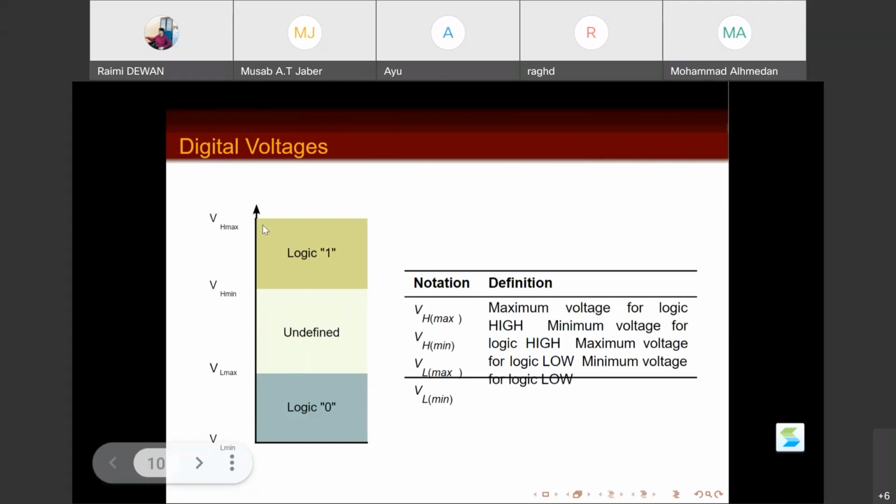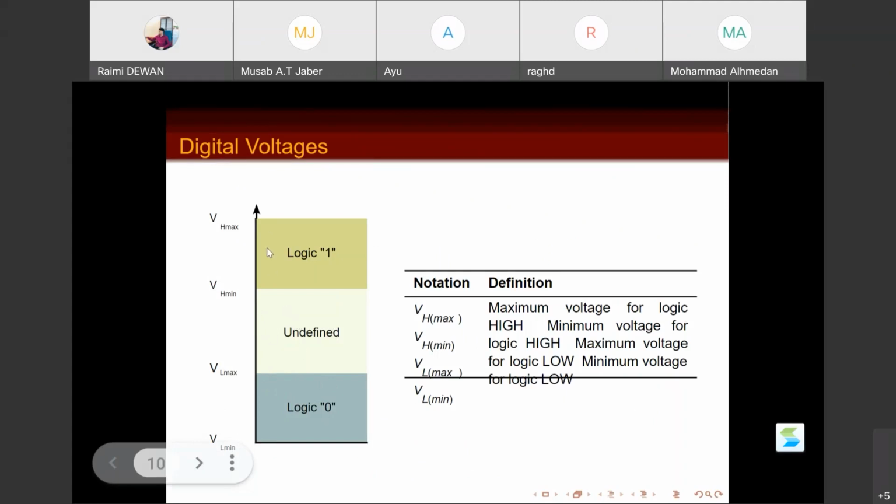For example, if we have a 7 volt system, as long as it is between 0 to 3, it will be considered as 0. Even if we have 2.5, it will be 0. If we have 3.5, no, 3.5 will become undefined.